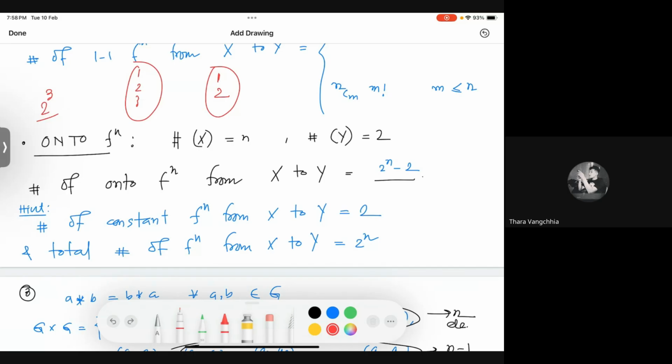If someone goes to 1 and someone goes to 2, then the function is onto. So the total number of functions minus those which are not onto gives the number of onto functions. Clear?